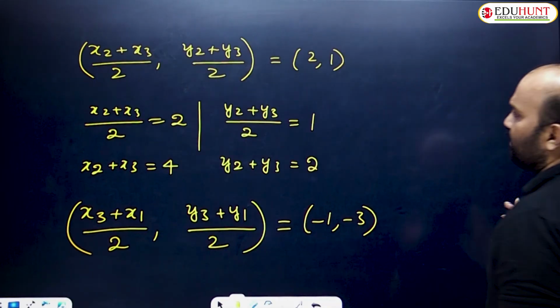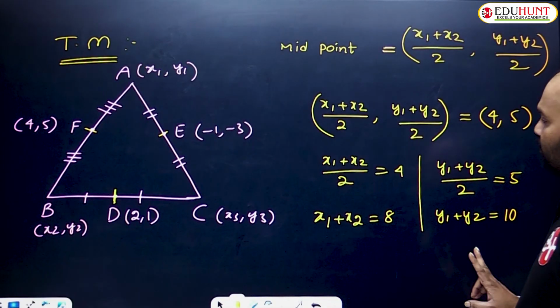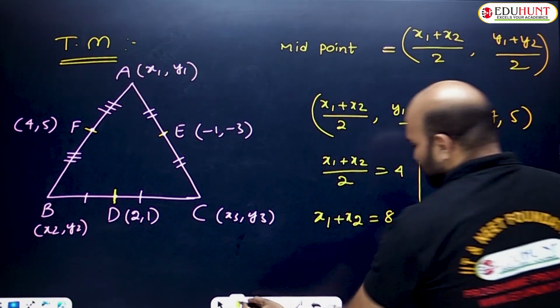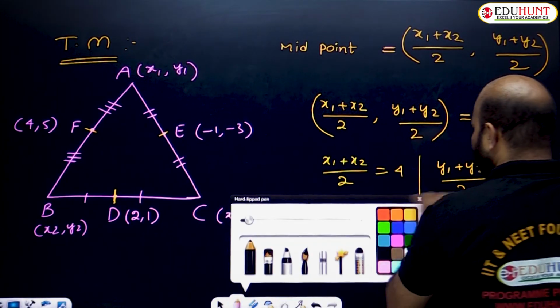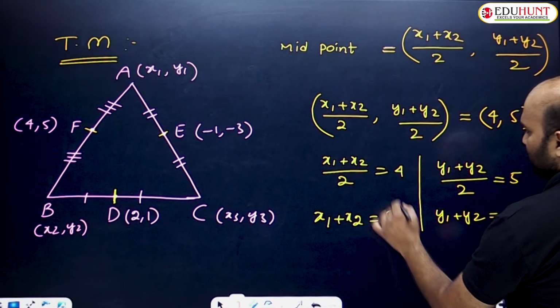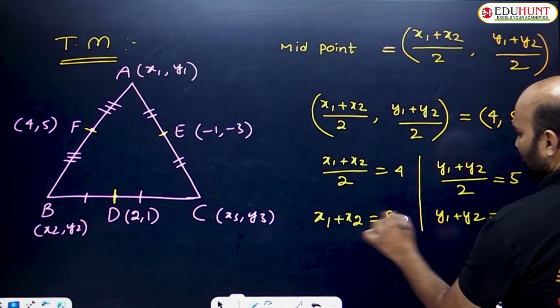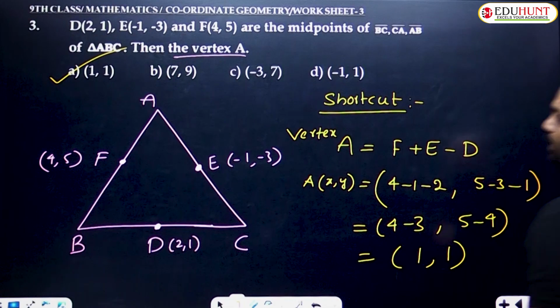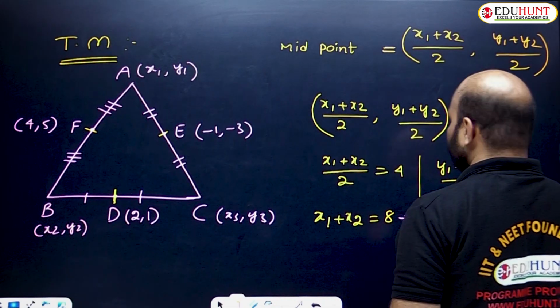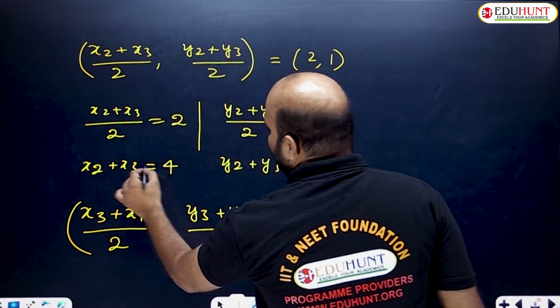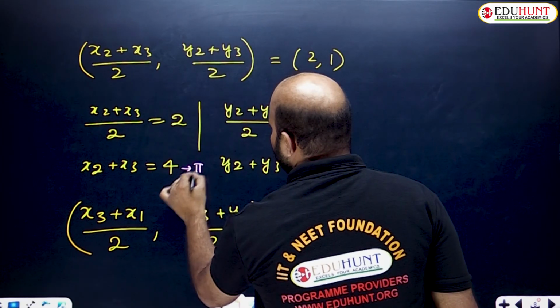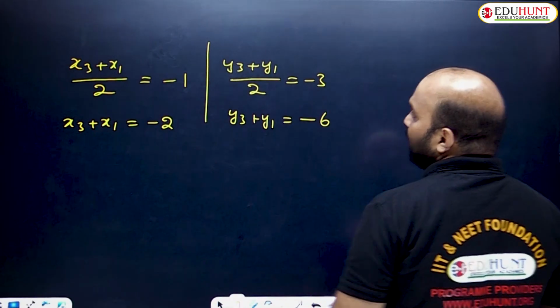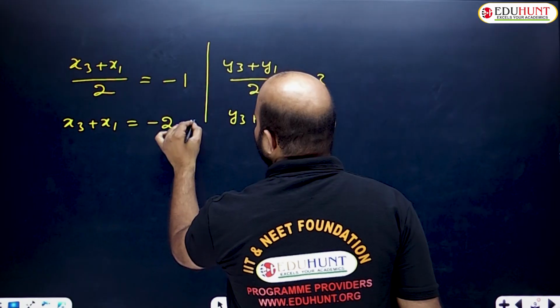So how many equations are we getting? Six equations in total. You can obtain a total of 6 equations. So x1 plus x2 is considered as equation 1, x2 plus x3 is equation 2, and x3 plus x1 is equation 3.